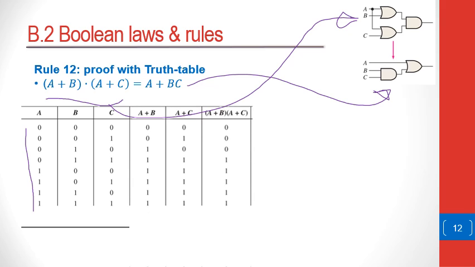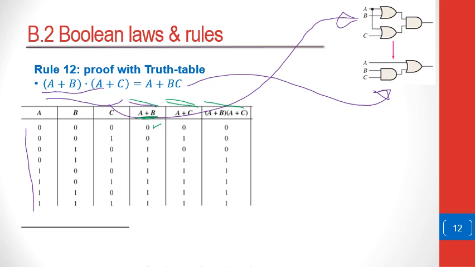Now we can create the result on the left-hand side by looking at A or B, then A or C, and looking at the AND between them. So you can fill in the truth table. If you look at this one, A or C here is going to be 0 because it's all zeros in the input.